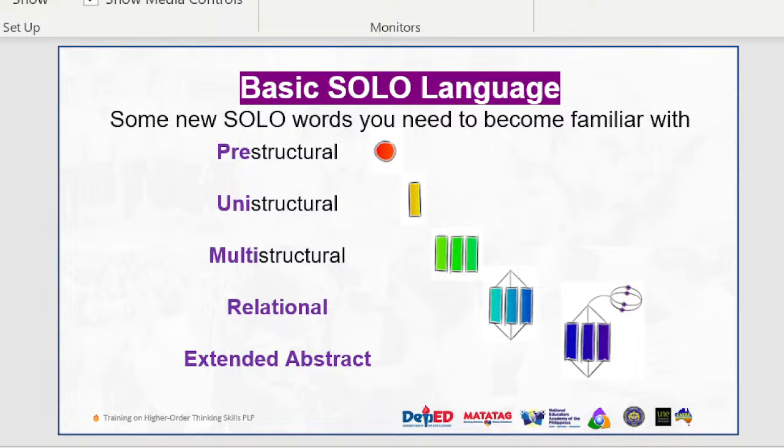For relational, it is when eventually the story of each and the connection between and among the learners are being connected. For extended abstract, it's beyond. It is when you see something you are not expecting from the learners in the class.